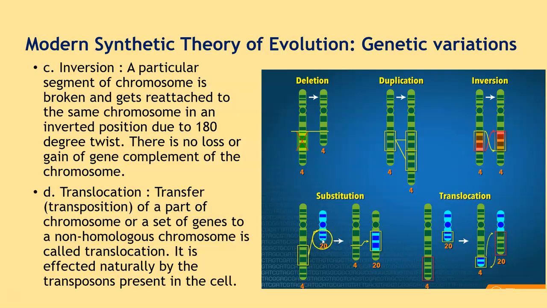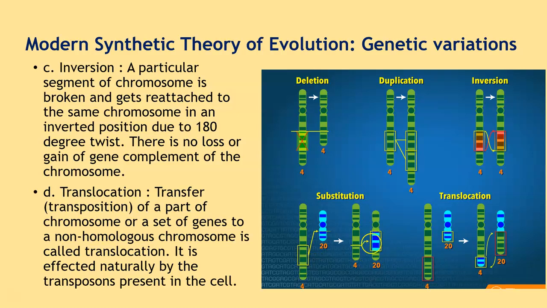We also have a process called substitution, where again certain genes just get substituted. That is, a part of 20 has come and attached here, and a part of 4 gets attached in between somewhere in chromosome 20.